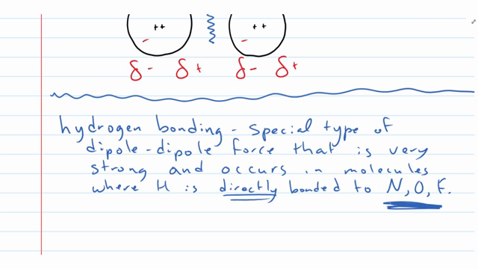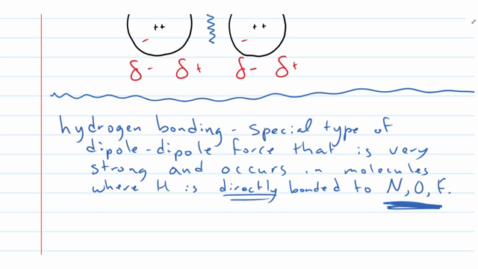Would it be this one here or this one here? And why this one? Because its hydrogen is bonded to the oxygen. This one here is the hydrogen directly bonded to the oxygen. This one here, the oxygen is bonded to the carbons. It's not bonded to the hydrogen. So this one here is the one that has hydrogen bonding.